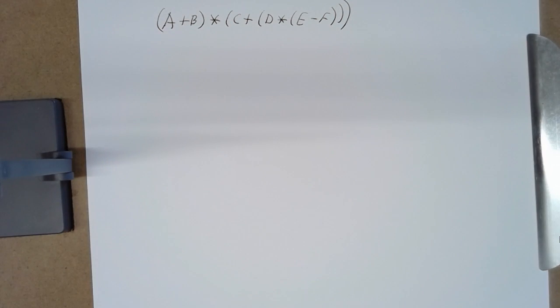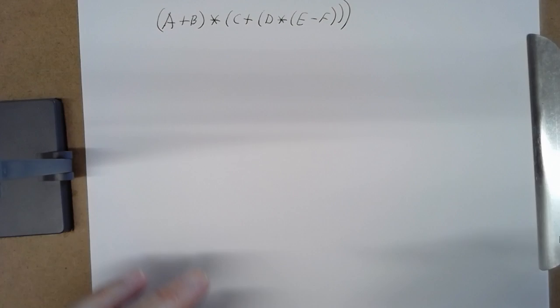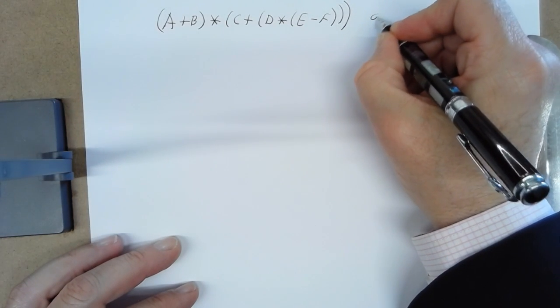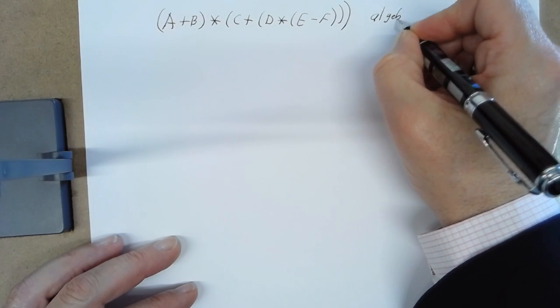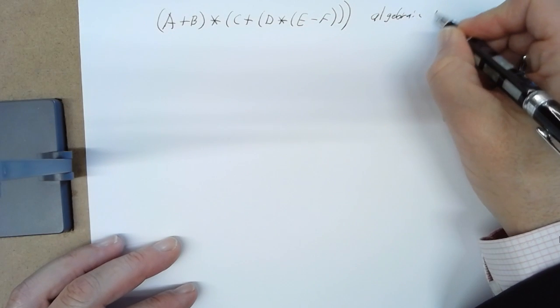Whatever that is, A plus B times the quantity C plus the quantity D times the quantity E minus F. That's an algebraic expression, right? This is the form that we learned to write in school. So this is algebraic notation.